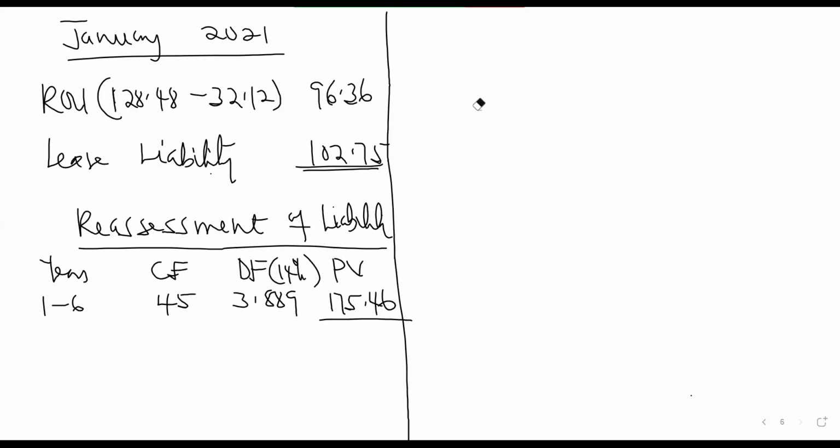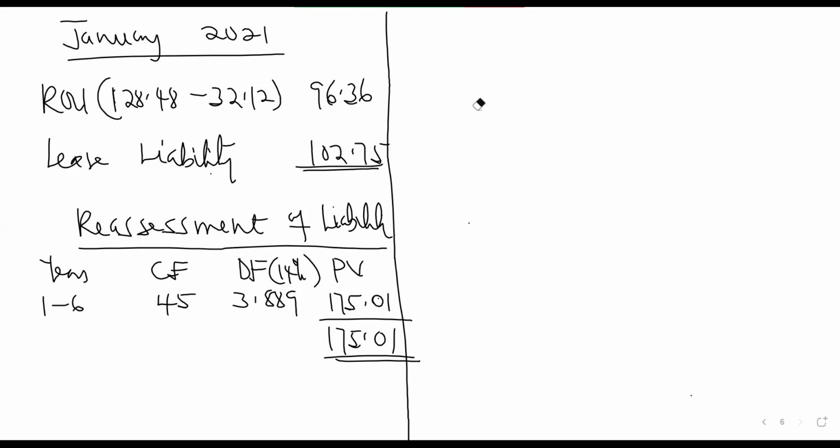Okay. 45 multiplied by 3.889. Okay. 175.01. Yeah, okay. So the new lease liability now will be 175.01.